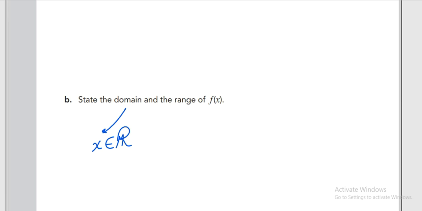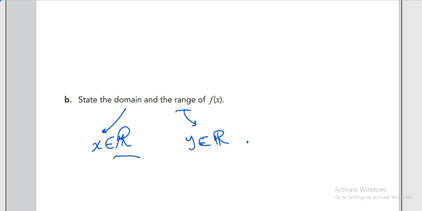Here the domain is related to values of x and belongs to all real numbers, so the domain will be real numbers.